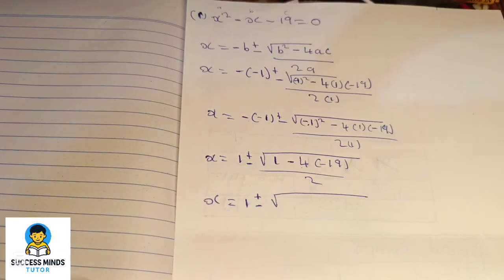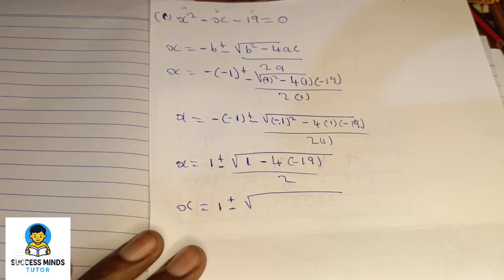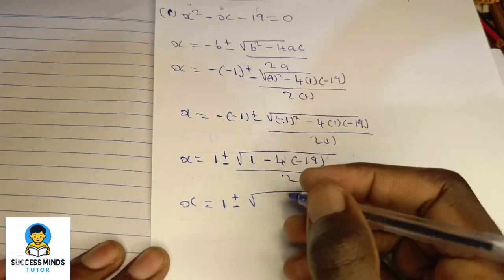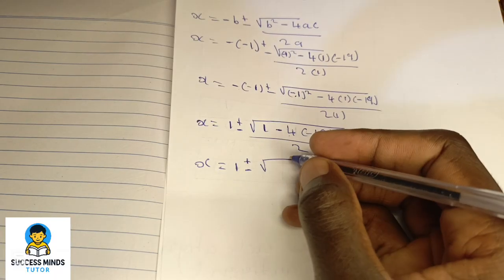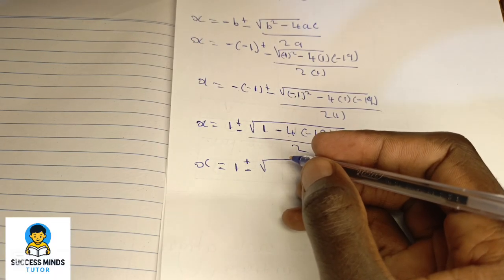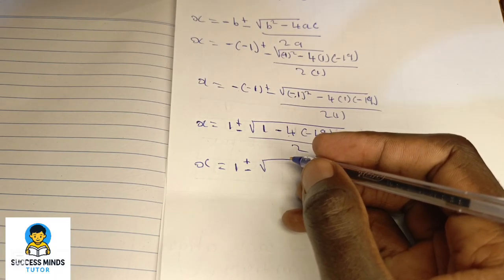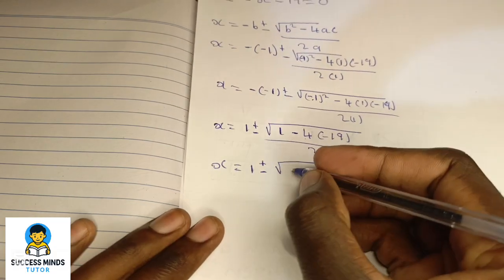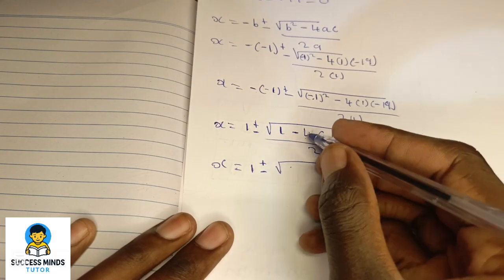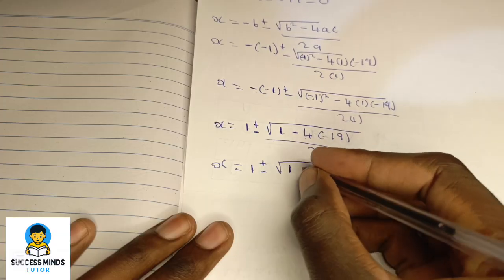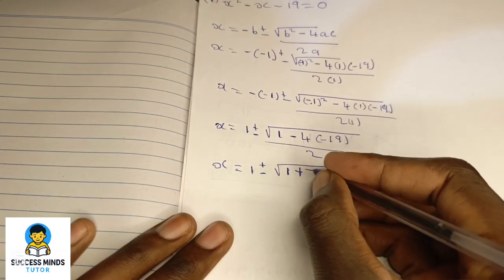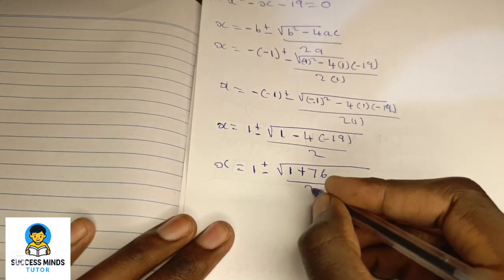Okay, guys. So 4 times 19 is 76. Negative times negative is positive, so this one will give us positive 76 over 2.